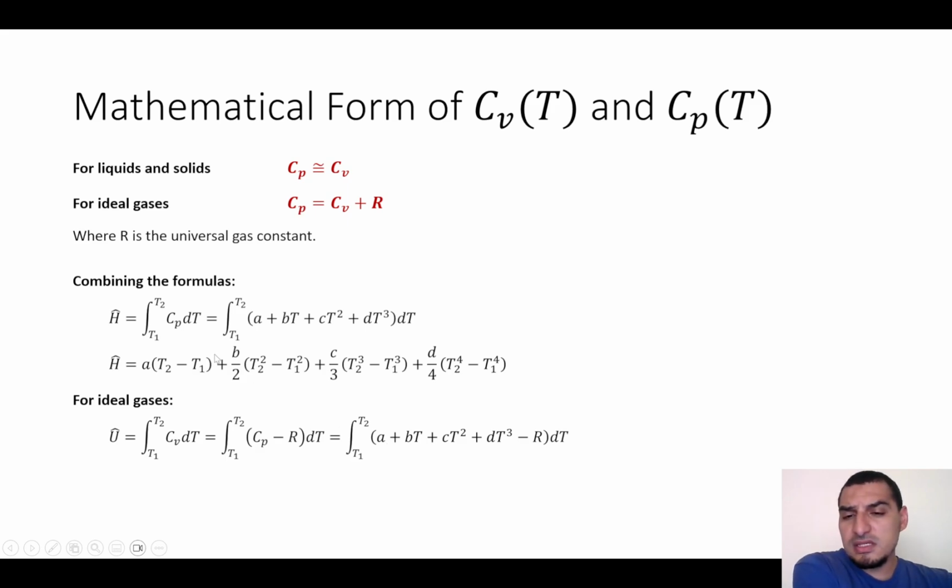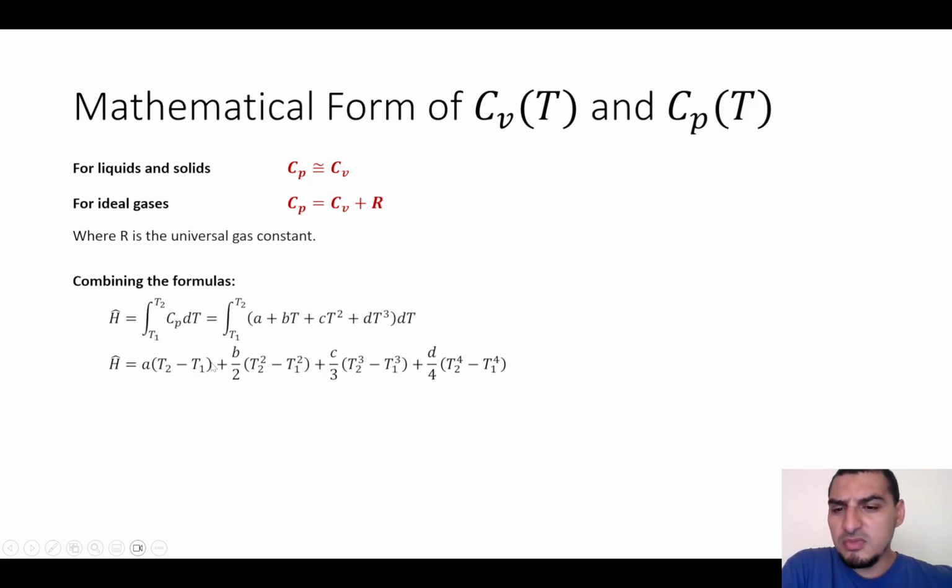Of course, I don't know if I mentioned this before or not, but this is an important note before we go through the Cv. The integration of Cp dT, with Cp equal to A plus BT plus CT squared plus DT power 3, is AT plus BT squared over 2 plus CT power 3 over 3 plus DT power 4 over 4. The important thing that I want to mention here is that you do the power for each one of the temperatures separately.